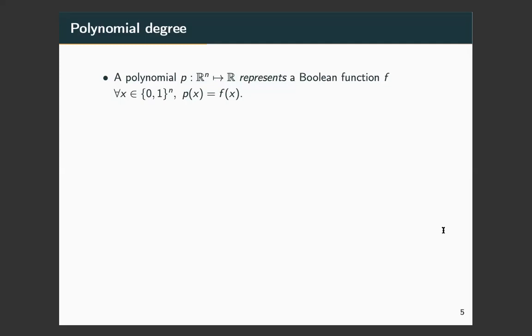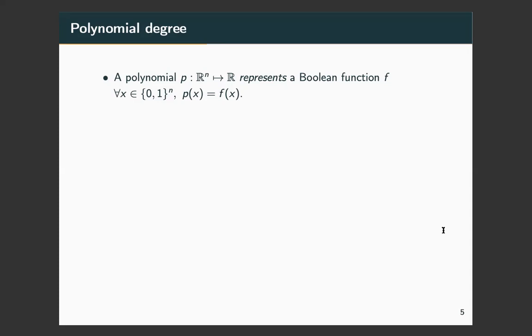Now we look at a complexity measure of Boolean functions that played an important role in showing a polynomial relation between sensitivity and block sensitivity, and this is the degree of a function. This measure is related to representing Boolean functions using real polynomials.